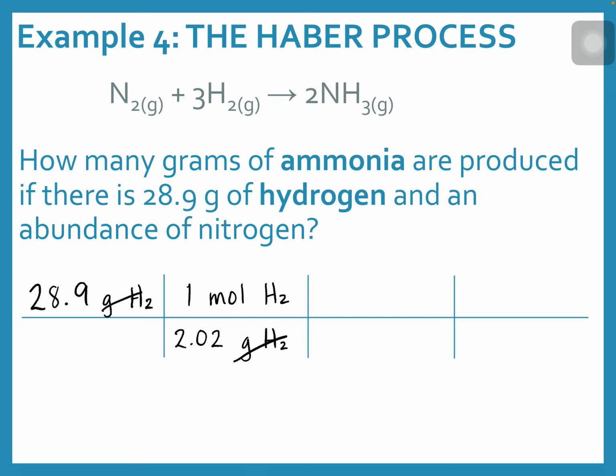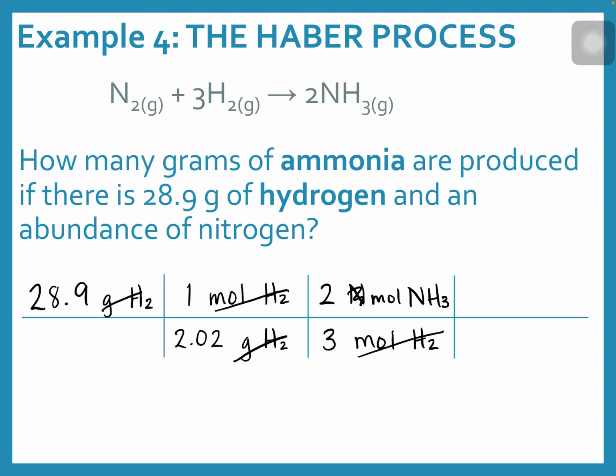So in the balanced equation, I have 3 moles of hydrogen. So that's going in the denominator to be able to cancel with the moles of hydrogen in the numerator there, and 2 moles of ammonia are produced.